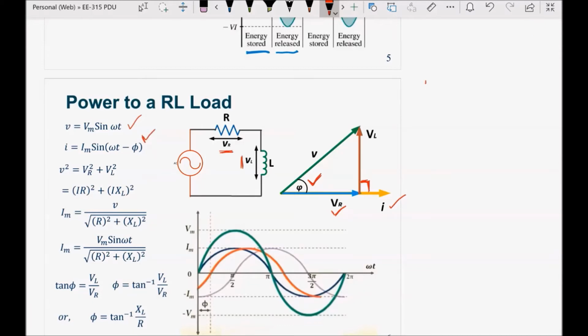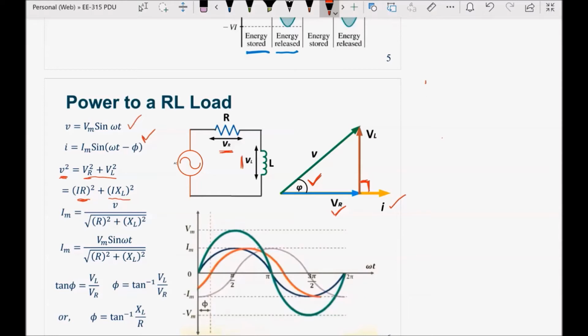Okay, considering this as a right angle triangle at this point, what we do is we can say that V squared equals VR squared plus VL squared, and that can also be written in terms of the product of current and the resistor and current and the inductive reactance.